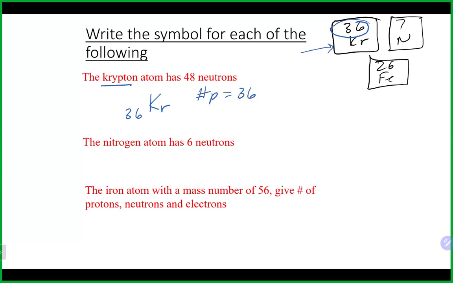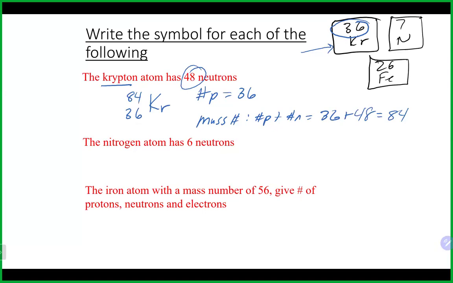And that's helpful because we need to also calculate our mass number, which is our number of protons plus our number of neutrons. So now we know we go 36 plus what they gave us, which was 48 neutrons in this case. And that's going to give us 84 here for our mass number. Any questions on that there? Good.